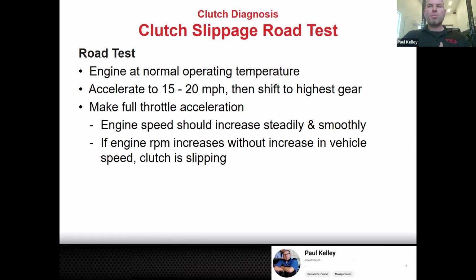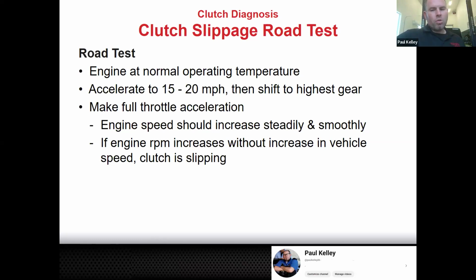I thought your heart was good at idle, but now here at 15 or 20 miles an hour, I'm going to shift to 6th and make a full throttle acceleration. If it's in 6th and I'm at 20 and I punch it, you know what it should do? If the clutch is no good and you see the RPM flare up, it's because it can't hold it. Makes sense. And that's going to be at wide open throttle.